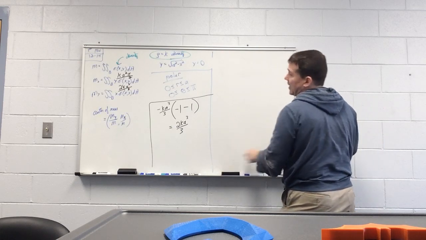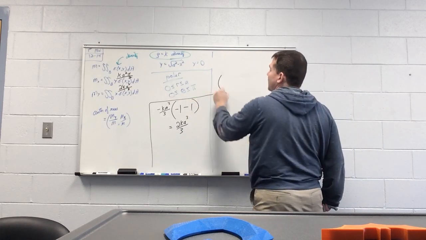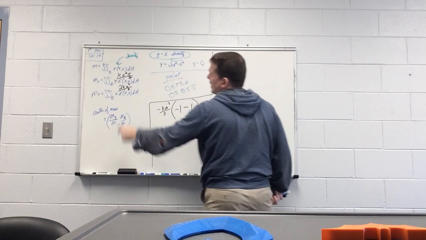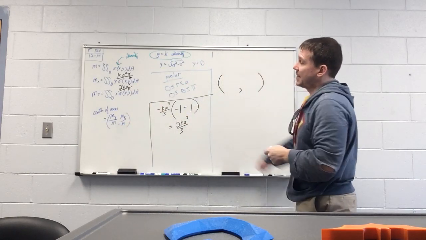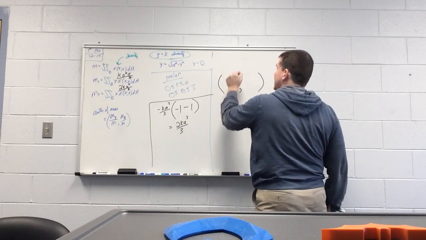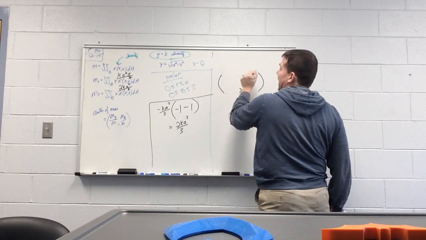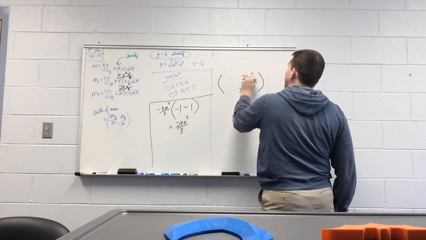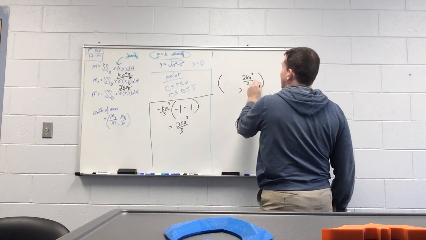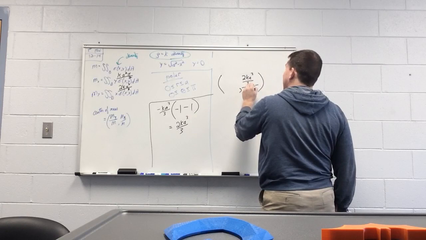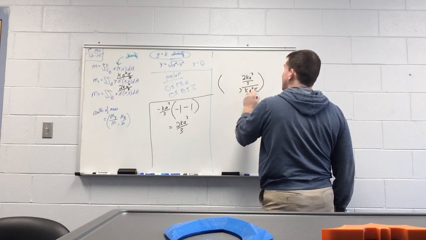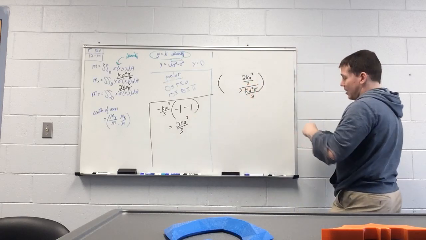But then ultimately, when I write my center of mass, we have m sub x. So my second coordinate for my center of mass would be m sub x, which is 2k a cubed over 3 over m, which is k a squared pi over 2, and then simplify all of that out.